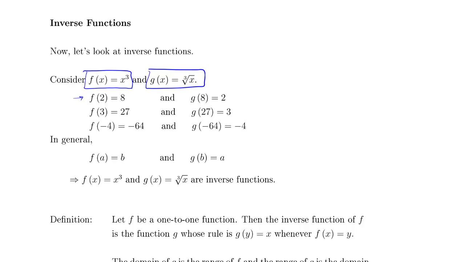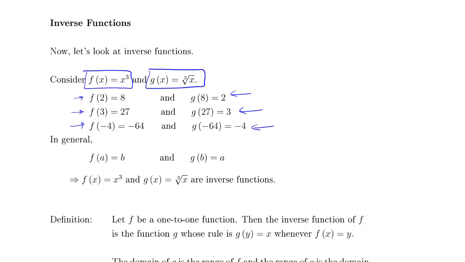And g of 8 is the cube root of 8, and you get 2. f of 3, 3 cubed, is 27. g of 27, the cube root of 27, is 3. f of negative 4 is negative 64, and g of negative 64 is negative 4.